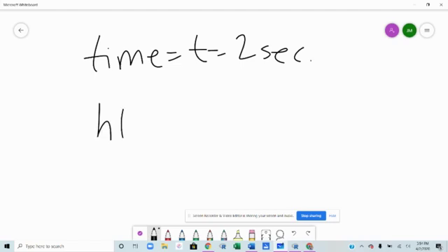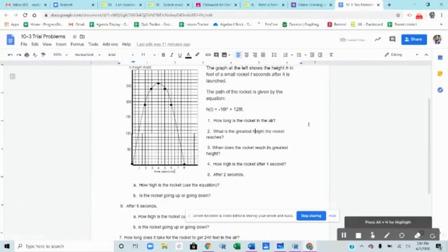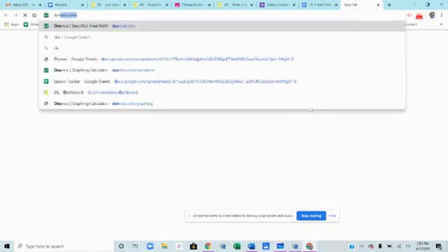So we're going to take our h of 2, and we're going to do negative 16 times 2 squared plus 128 times 2. So this is how you use your equation. Negative 16 times 2 squared plus 128 times 2, which then you can go to Desmos, which let me open up real quick. Didn't have that ready. My bad.